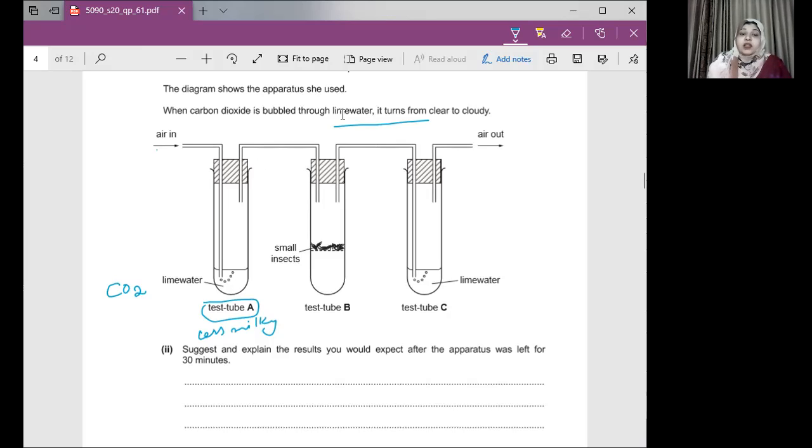When this air passes through the second test tube, where insects are producing carbon dioxide, and rushes from this to this test tube, this C will turn more milky because more carbon dioxide is produced by test tube B. That is why it turns milky, right?